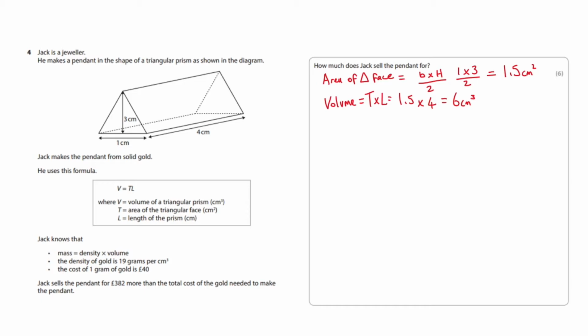Now, as it says, Jack knows that mass equals density times volume, and the density of the gold is 19 grams per centimetre cubed. We put that down as part of our working out, because this is a 6-point question, so we need to put as much working out as possible onto paper.